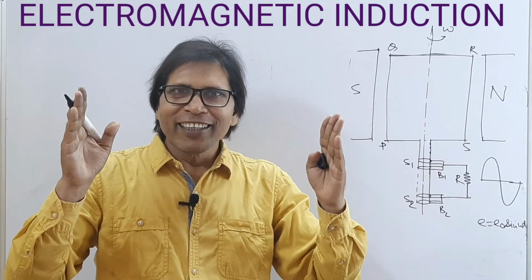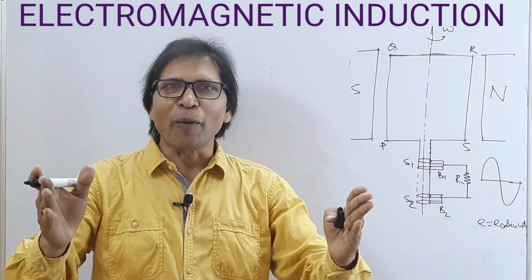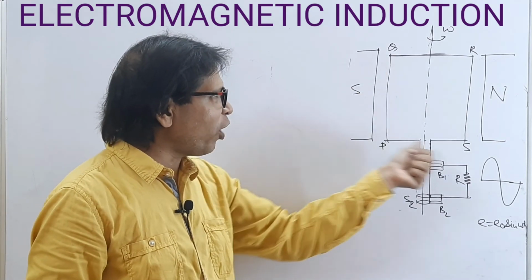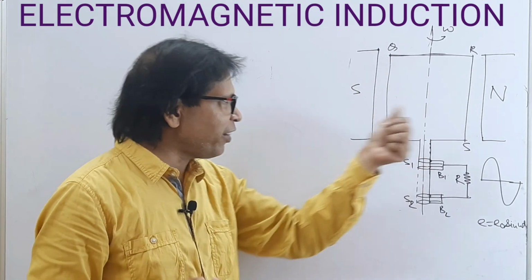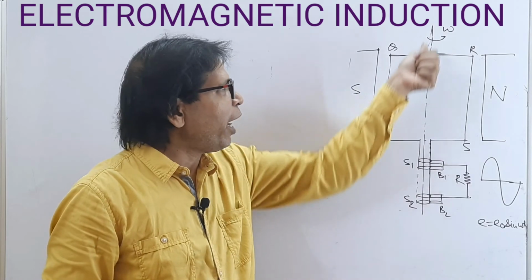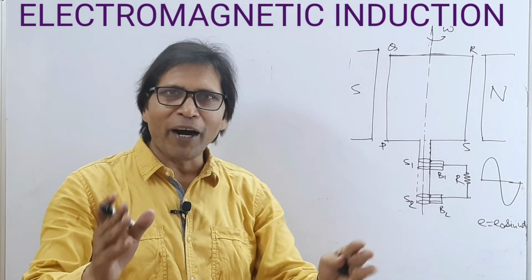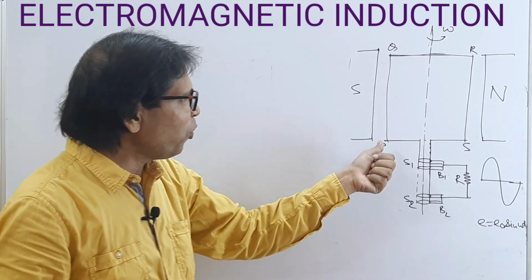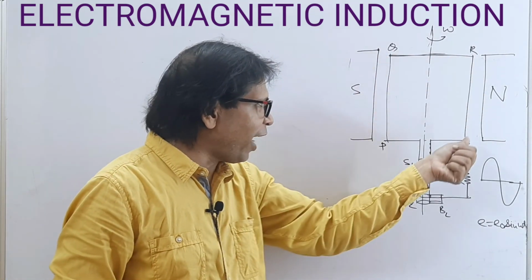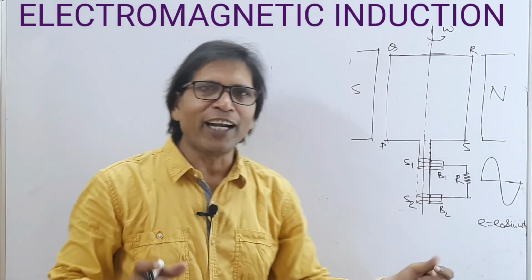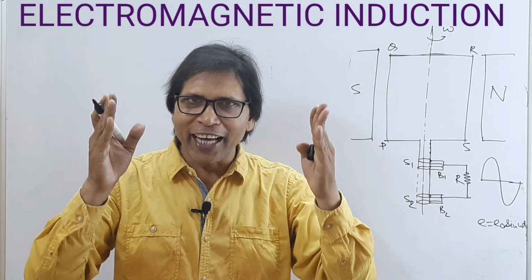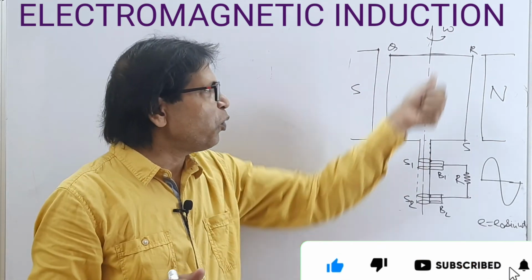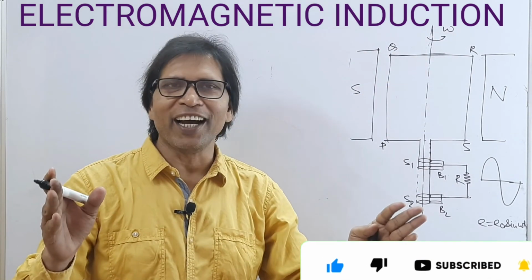Field magnet: these are the two poles of a strong electromagnet. The armature coil is rotated in this magnetic field about an axis normal to the magnetic field. Now armature coil. Look at this, PQRS is the armature coil. This coil rotates about the axis which is perpendicular to the magnetic field with angular velocity omega.